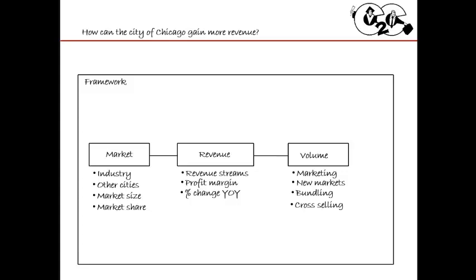If consumers are using these types of services for the city, or they're paying, such as to go to different events like festivals and whatnot, can we cross-sell them to go to other events that will be held by the city to generate more revenue? And last, our capabilities. What are other capabilities that Chicago has that it can use to generate additional revenue? Okay? And we'll get into this in more of the growth strategy, but this is just stuff to think about.